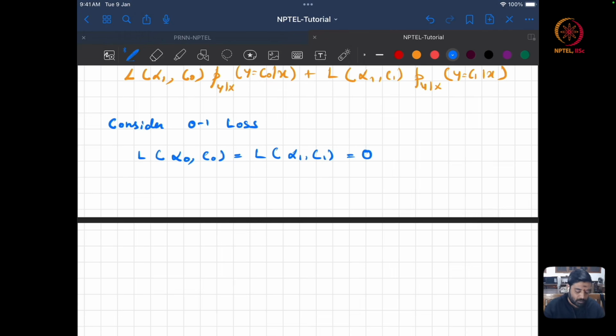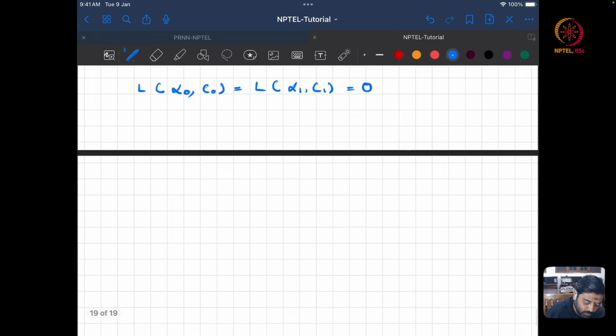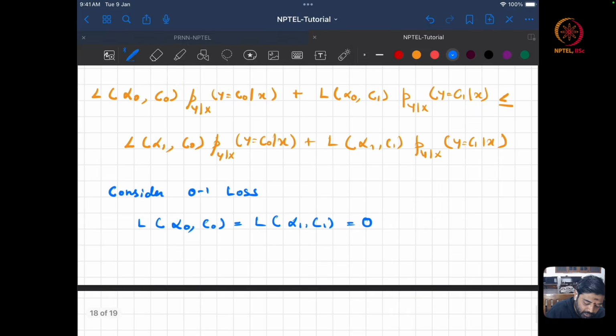I'll just indicate it by 0 and 1. I think that should be comfortable by now. For y also I'll indicate just by 0 and 1, which makes the notations much easier to parse.